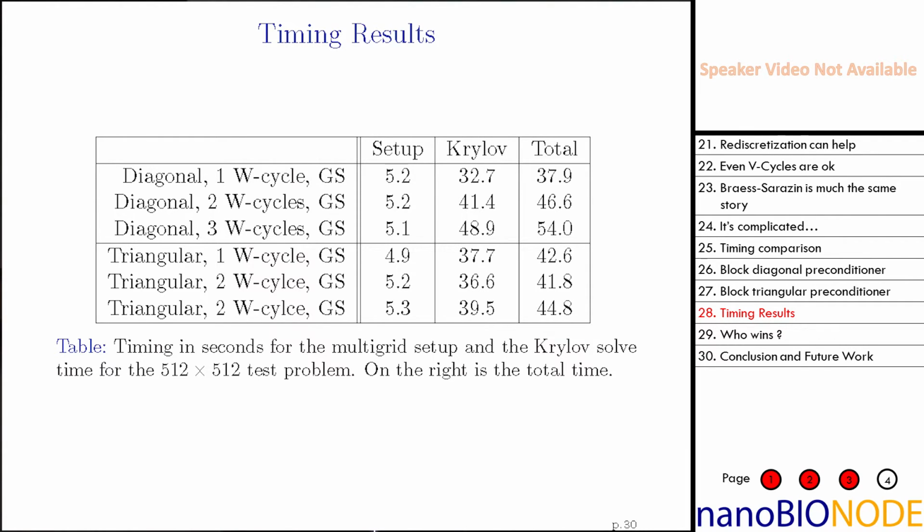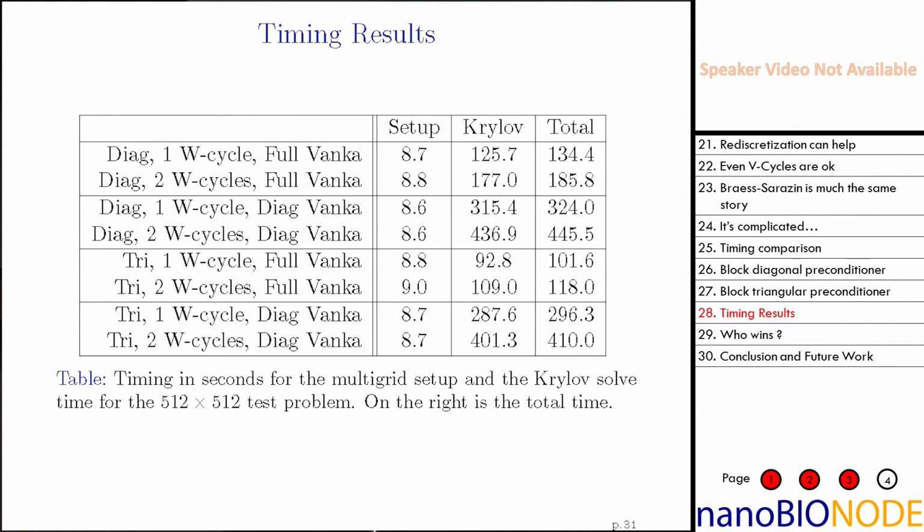You gain a lot in iteration counts, which I realized I didn't put here, but the cost of doing those W cycles doesn't quite work out. So doing 1 W cycle costs you more iterations, but less time. And you see the same thing is true for the Vanka methods.